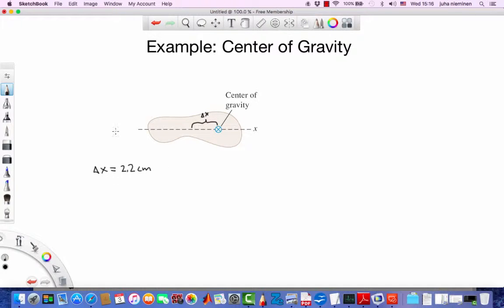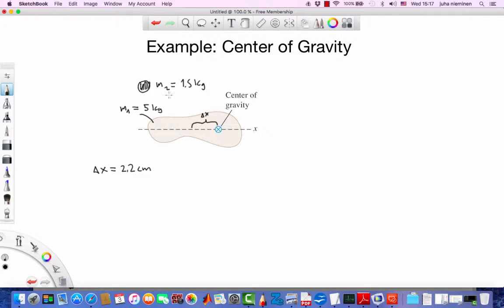To do that, we have an additional mass, a lump of something that weighs 1.5 kilograms. And the mass of this object, that's m1, is 5 kilograms.